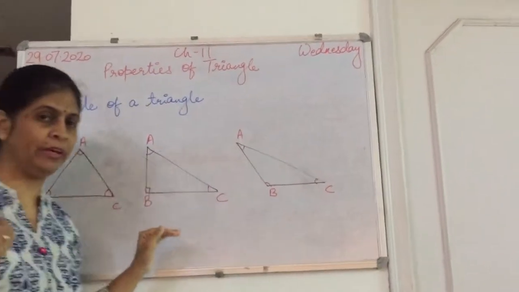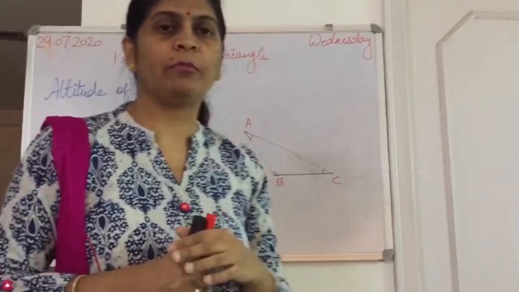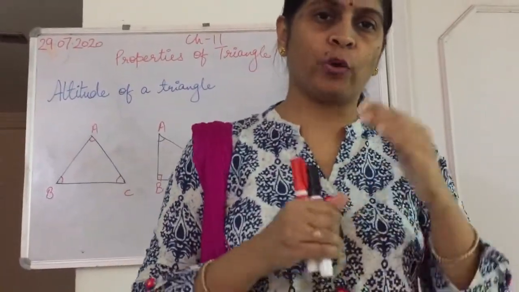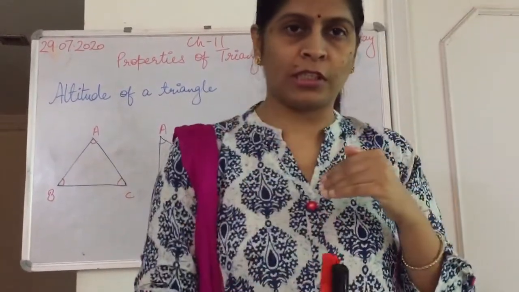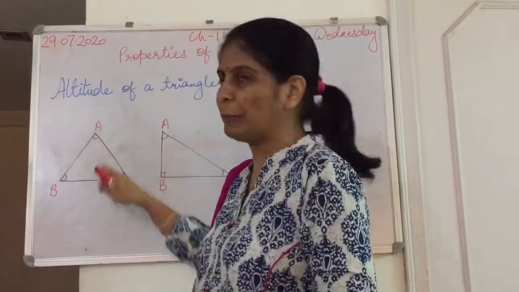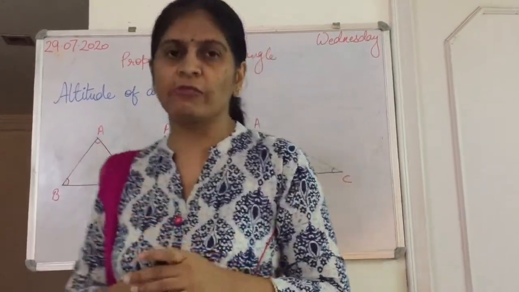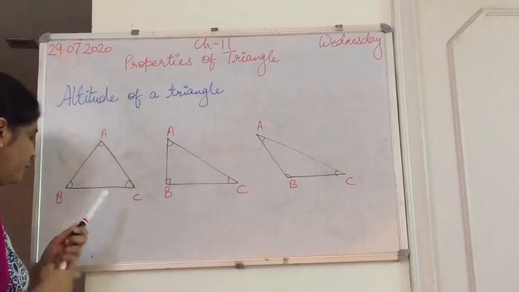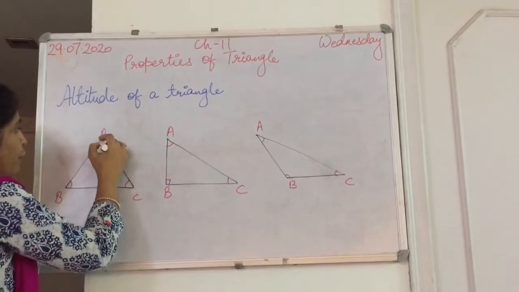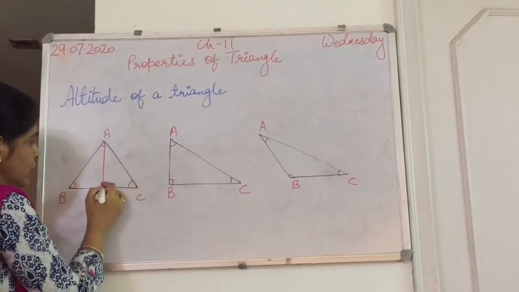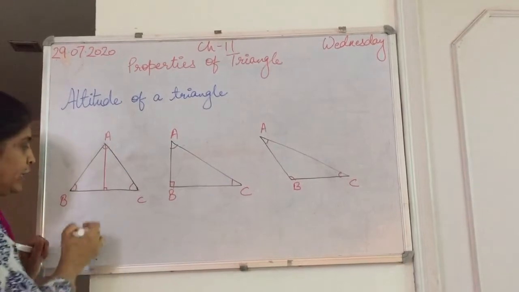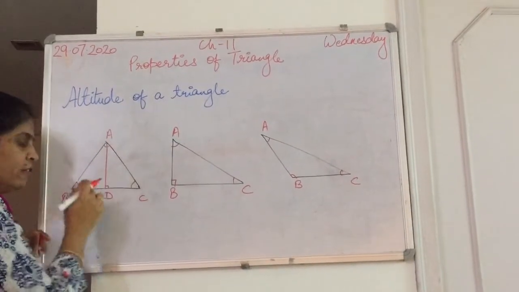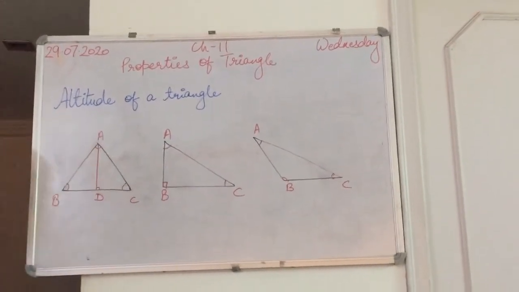When we were discussing median, I told you it is a line that joins a vertex to the opposite side. Here we are talking about a perpendicular, right? Perpendicular means when we draw an angle of 90 degrees. So when we draw a perpendicular from this vertex, it will make an angle of 90 degrees, and this AD will be the altitude of it.